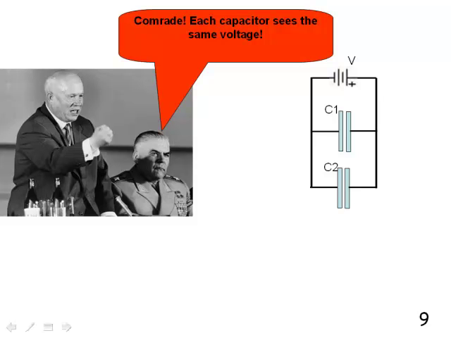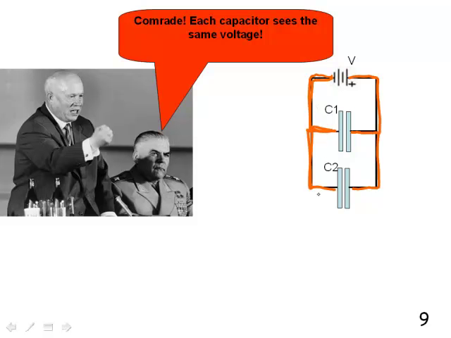Well, if you have two capacitors in parallel, they see the same voltage because they're touching using conductors, and we know that if we're in static equilibrium, those conductors have the same potential throughout.